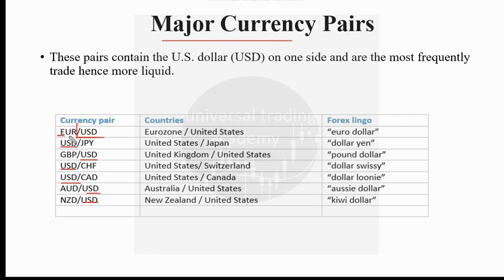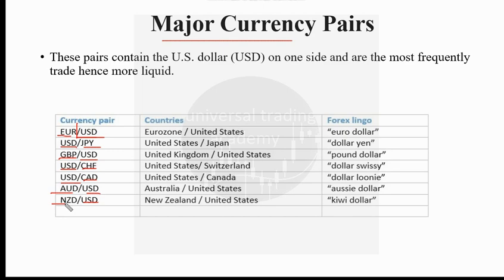As you can see here, Euro is a major currency, Japanese yen is one of the 8, GBP is one of the 8 major currencies, CHF is also one of the major currencies, CAD is one of the major currencies, AUD is one of the major currencies, NZD is one of the major currencies.